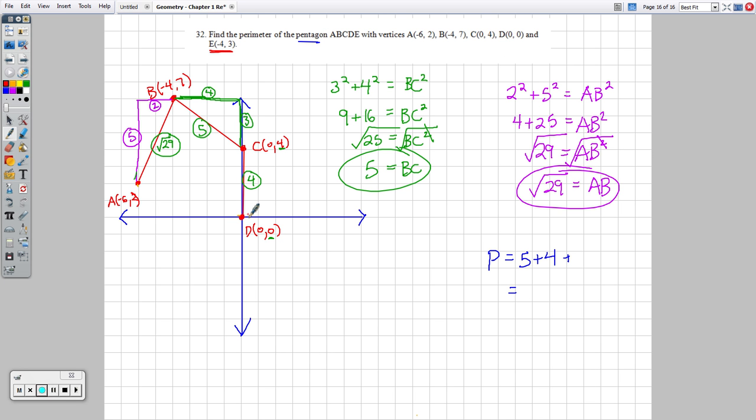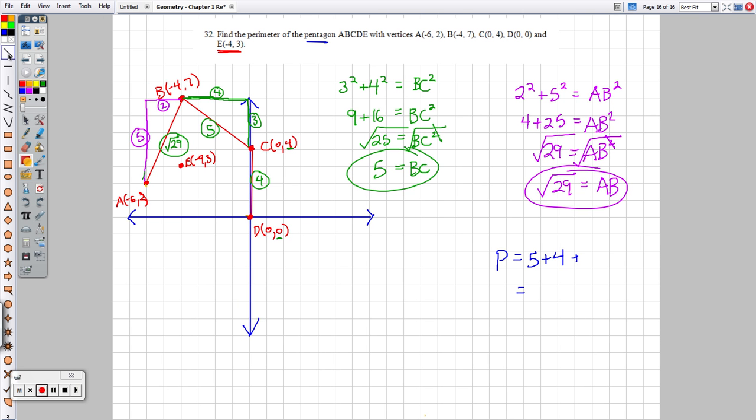So D is there, but E is -4 and +3. So right there. So the vertices, we're connecting them in that order. If they're written in order, we connect them in that order. A, B, C, D. This is going to be E right here at -4, 3. So connect that.